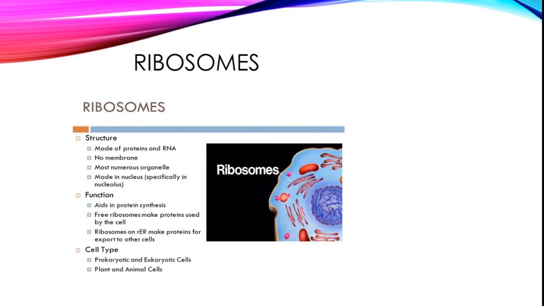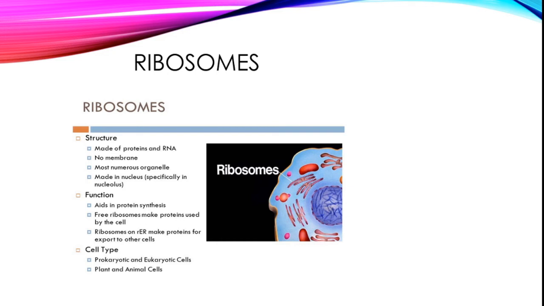The function of ribosomes is to aid in protein synthesis. Free ribosomes make protein used by the cell. Ribosomes on rough endoplasmic reticulum make protein for export to other cells. They are present in both prokaryotic and eukaryotic cells, both plant and animal cells.